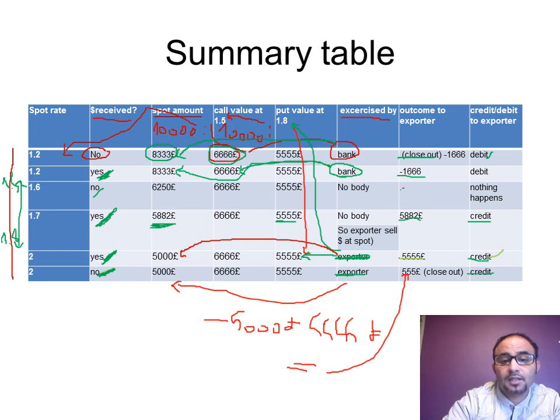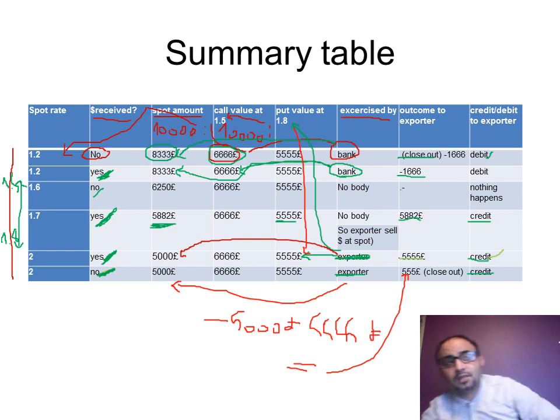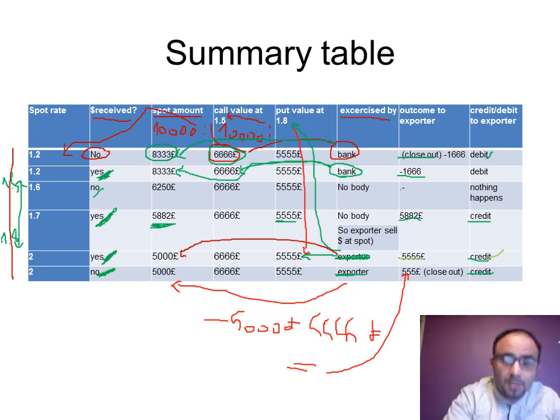That is again the $10,000 that you are normally supposed to receive from your client in the US, and once again you divide it by the call rate. The same applies to the put value, so 10,000 divided by 1.8. Then we say whether it's been exercised by the bank or the exporter or maybe nobody, and then the outcome to the exporter, and whether that is a credit or debit. A credit means it's added to the account of the exporter. Debit means money is reduced from the account of the exporter.